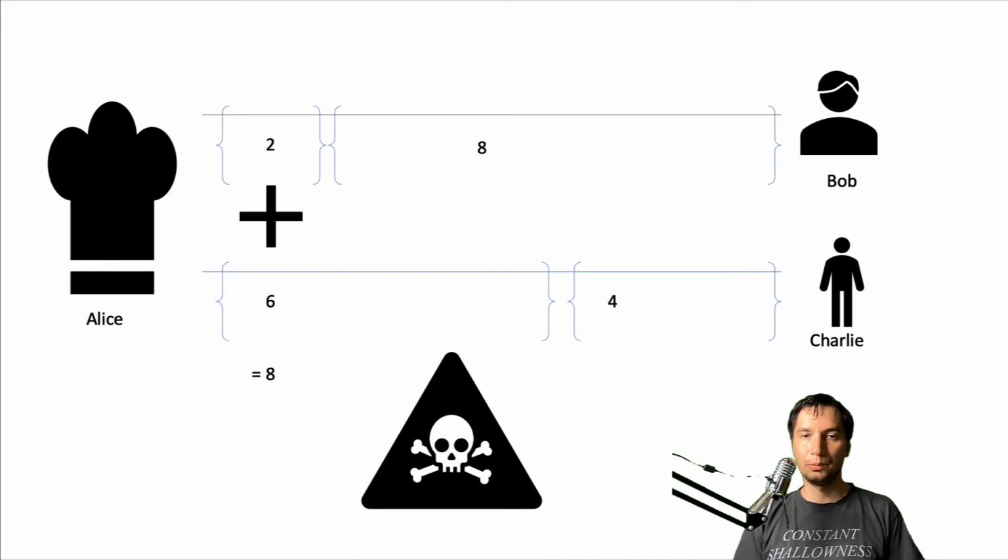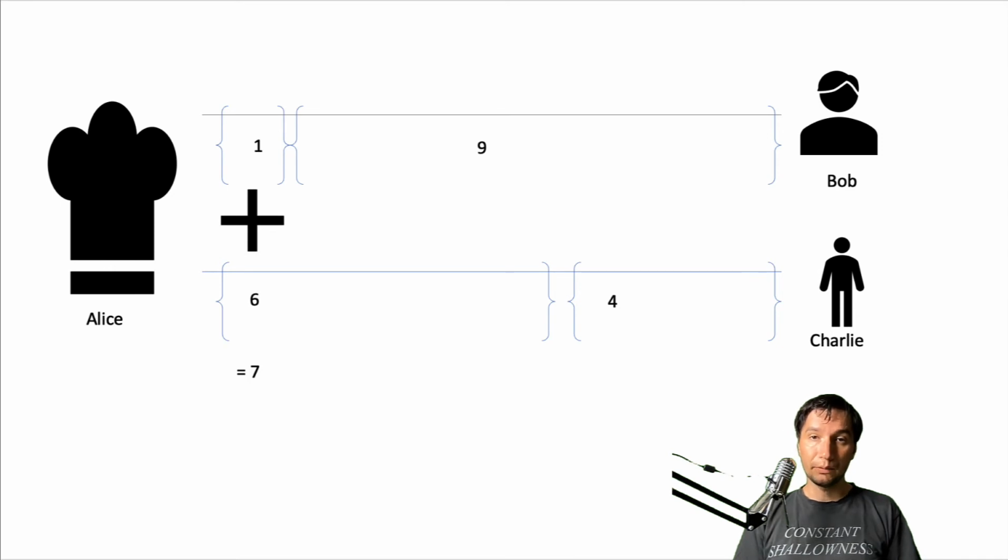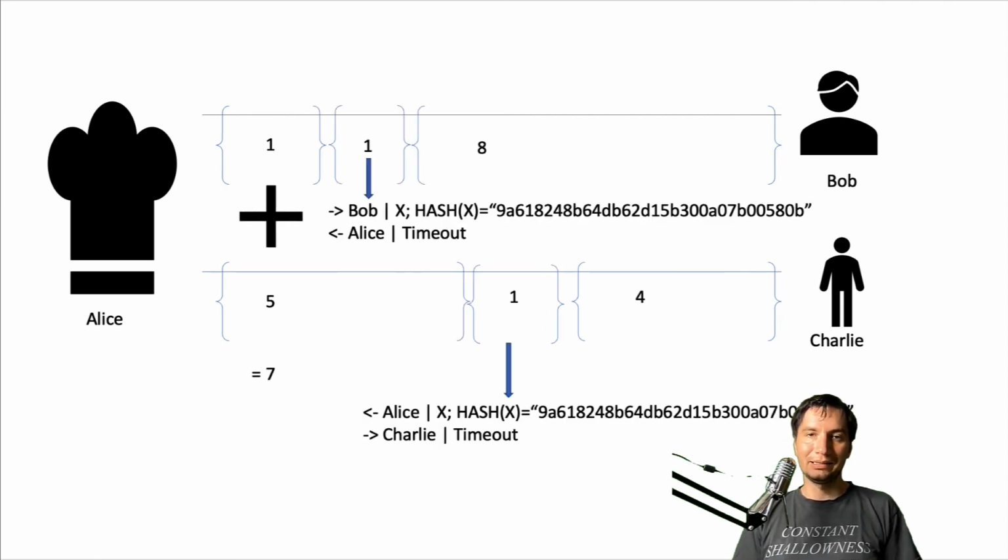So 2 plus 6, while she's supposed to end up still with 7 plus maybe some fees. So the way to do it is using something that is called HTLC, hash time lock contract. And it's a little bit complex, but not that complex. So please stay with me.